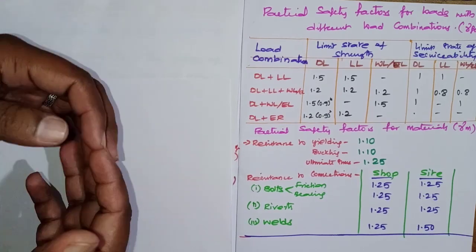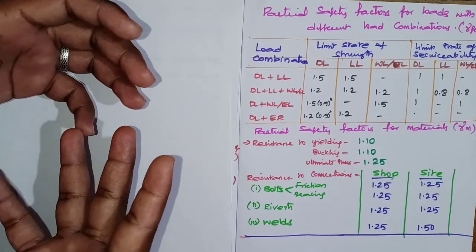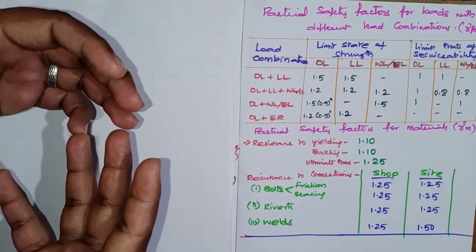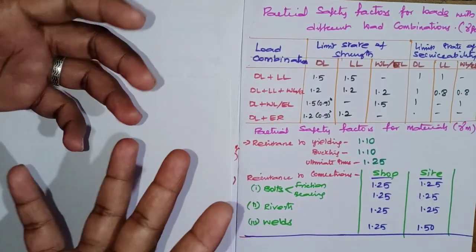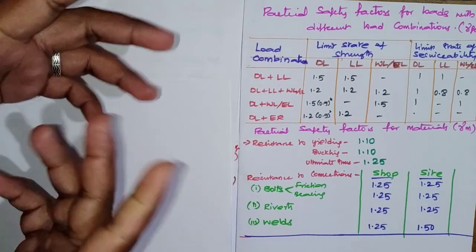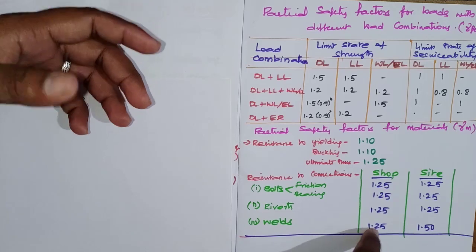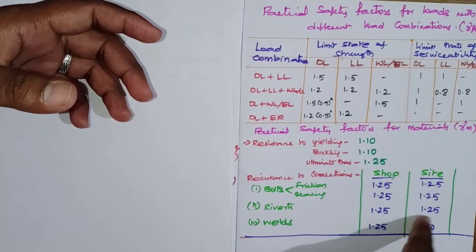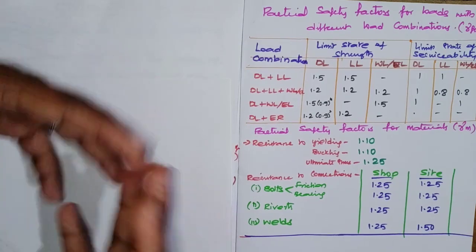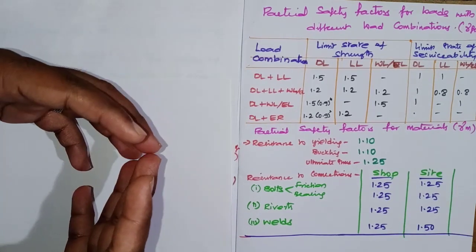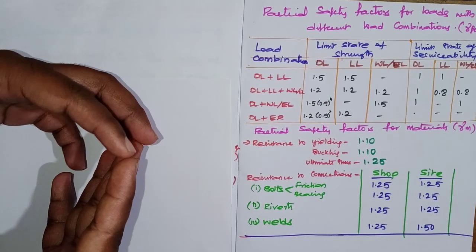While working at the site, you may not have all the things which are used for fabrication. For that reason, under the welding connections, 1.25 is for shop welding, and for site welding you are supposed to take a higher factor of safety because of less equipment for doing the welding. Okay, so these are some of the factors of safety for materials.